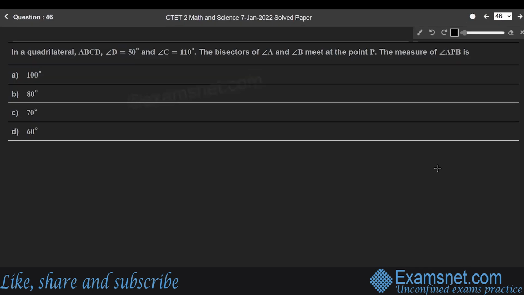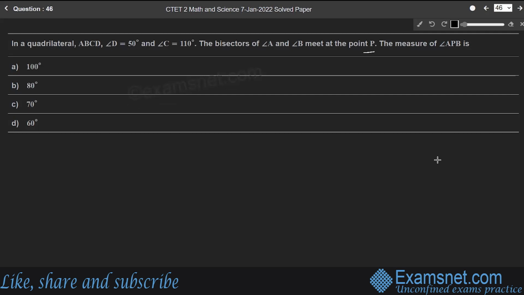Question 46. In a quadrilateral ABCD, angle D is 50 degrees and angle C is 110 degrees. The bisectors of angle A and B meet at a point P. The measure of angle APB is. So consider a quadrilateral ABCD, where angle D is 50 degrees, angle C is 110 degrees.